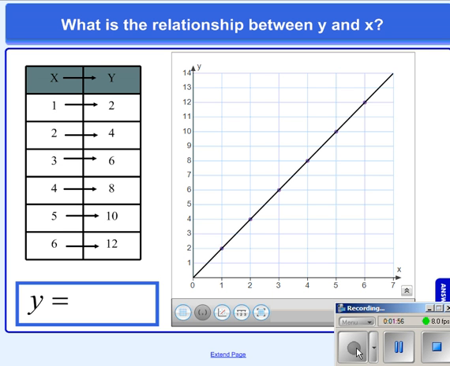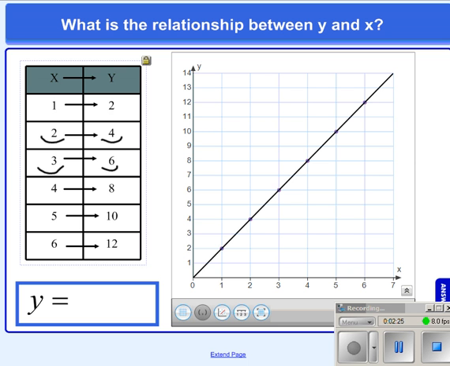Now what you are going to do is what you have been doing since 2nd grade, like Charlie pointed out. You are going to determine what the rule is. So finding what y equals is just like finding the rule. If we look at this, we can determine what has to happen to x to make it equal y. What has to happen to 2 to make it equal 4? What has to happen to 3 to make it equal 6?